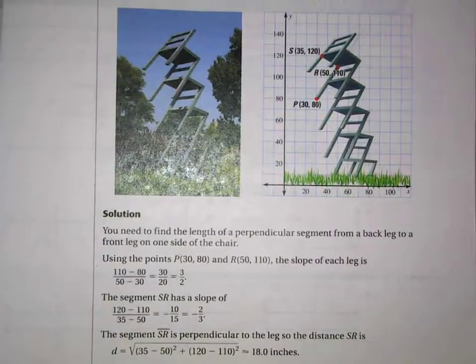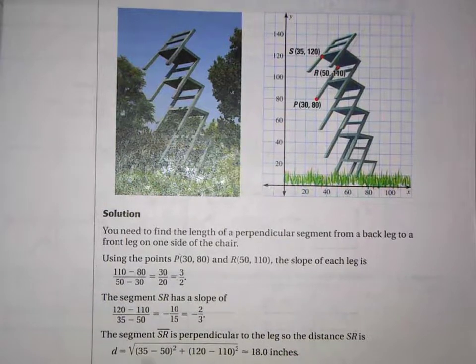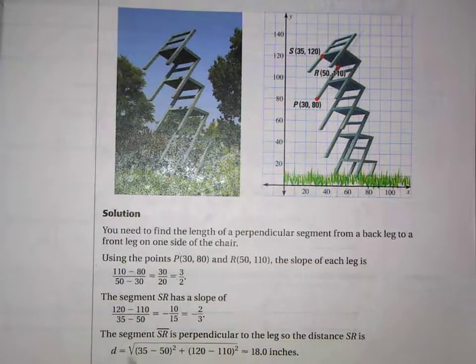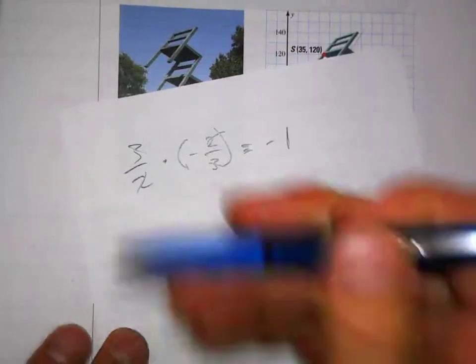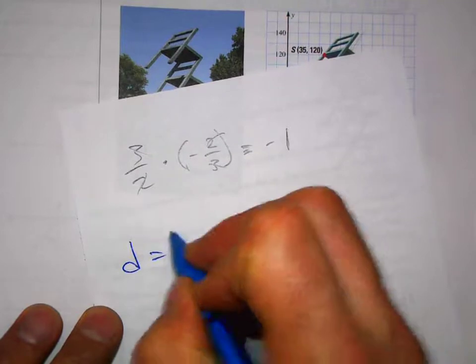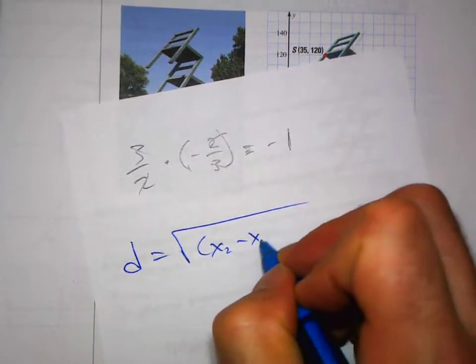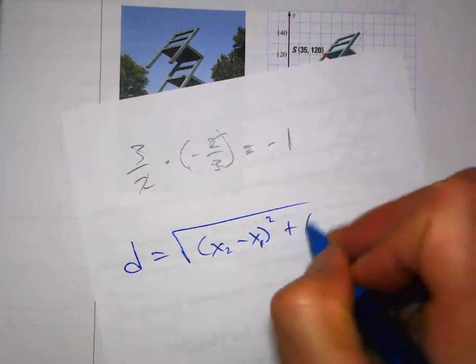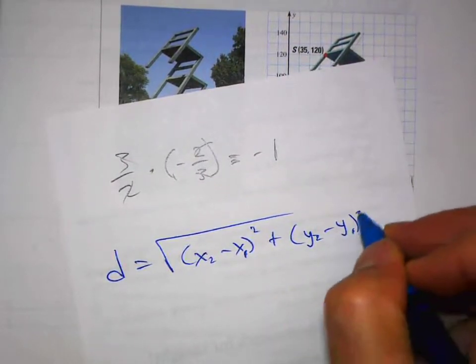And now we need to dredge up the distance formula, and I wish they would have written it out here. I don't like the way they just give it with numbers already plugged in. So remember to write out the distance formula. Distance equals, let's see if I can remember it, the square root of x2 minus x1 squared plus y2 minus y1 squared.